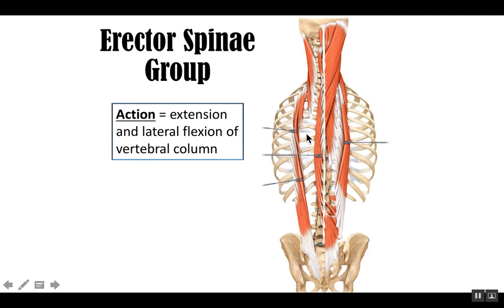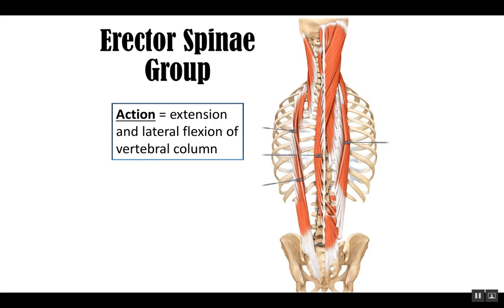And these muscles are called the erector spinae group because they maintain an erect spine. So they extend the spine. If they extend the spine or the trunk, they must be antagonistic to your abdominal muscles. Your abdominal muscles help you flex, whereas these help you extend.